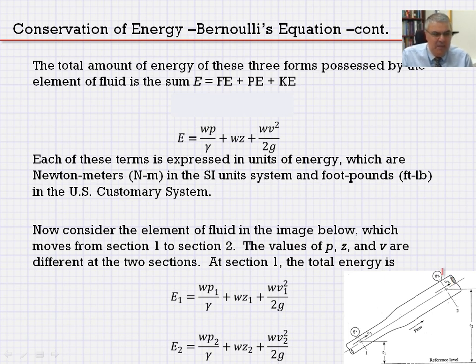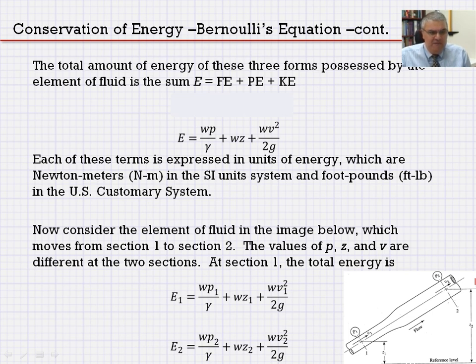And this is the same fluid that is going from point 1 to 2. The reference level is set down here, and the distance of point 1 from the set reference level would be Z sub 1, and of point 2 would be Z sub 2. So we are considering an element of the fluid that moves from section 1 to section 2.